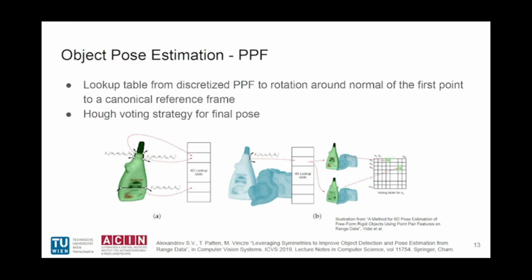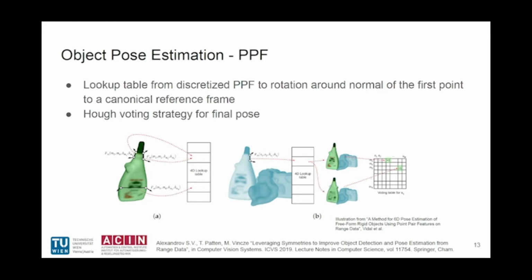So for any given pair of points, one of the 2 points is considered the reference point. And with a little trick that you won't really need to get into, the only thing you need to save now is what reference point and what angle around that normal you have.